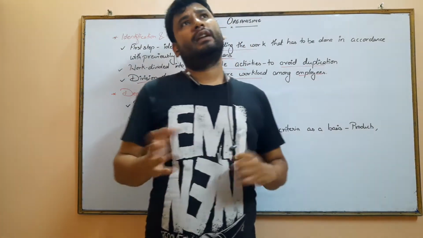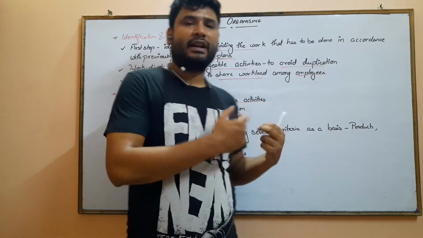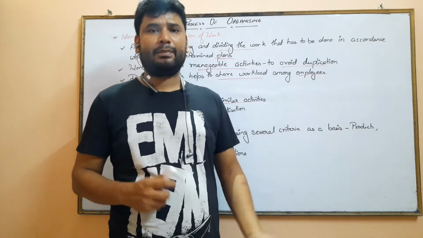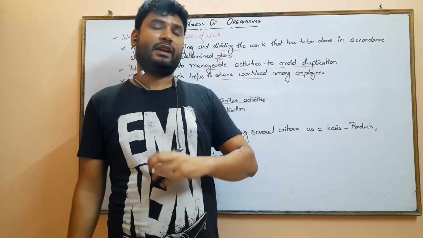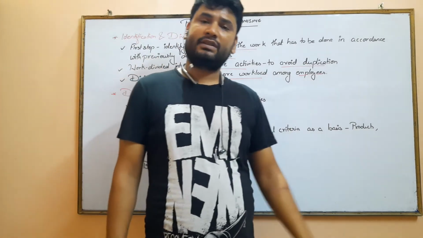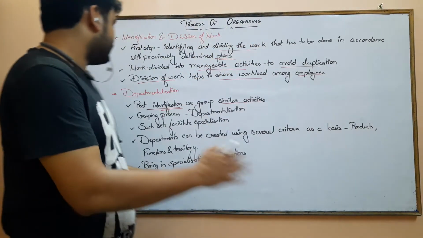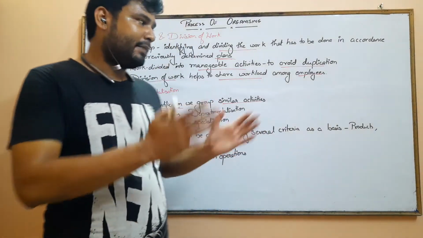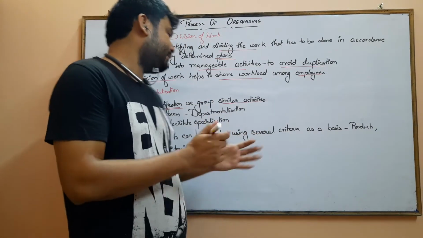On the other hand, some people are communicating with the customers, communicating with external people related to the goods in the market. So these people can be brought into the sales department. So we are grouping the people who belong to similar activities and bringing them into a department.